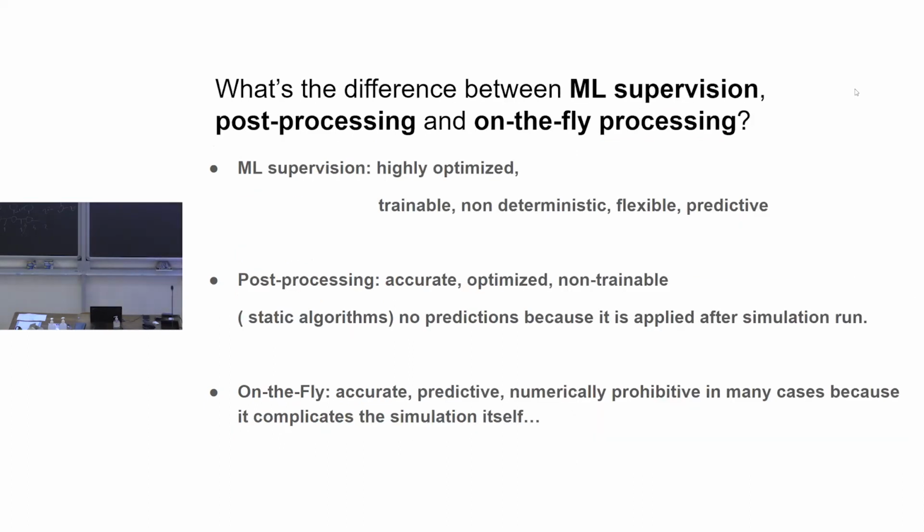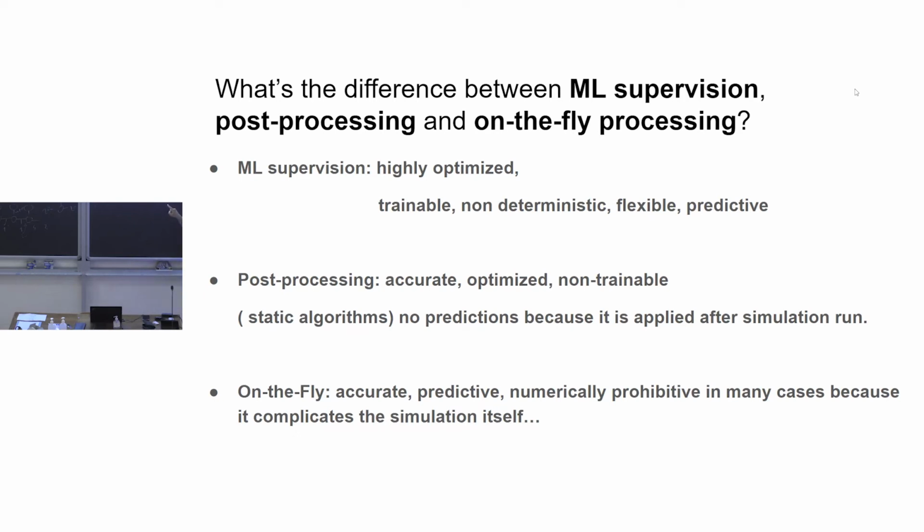Okay, so I think that you already understood why machine learning can help in recognizing all these patterns on the fly. Just let me make a point really fast. Machine learning can have a supervision, okay? But there is an intrinsic difference in supervised machine learning, post-processing, and on the fly.